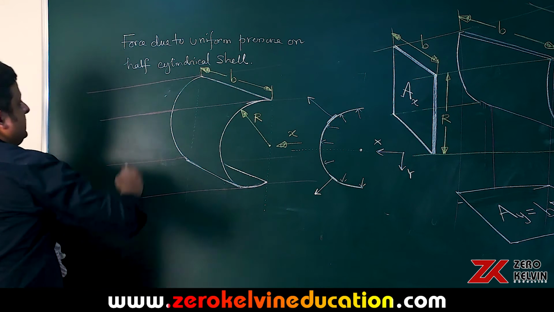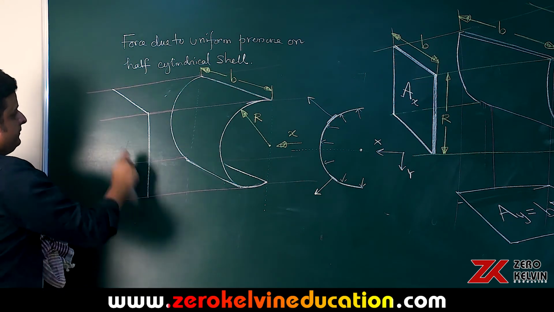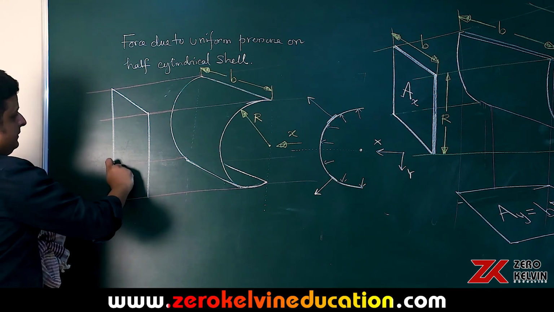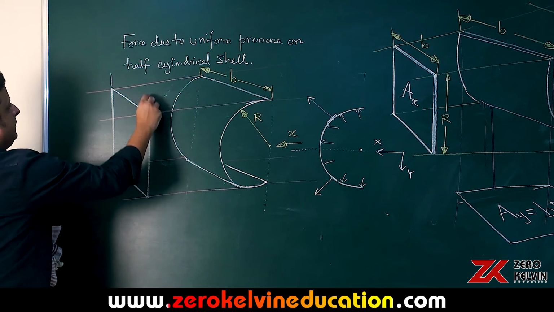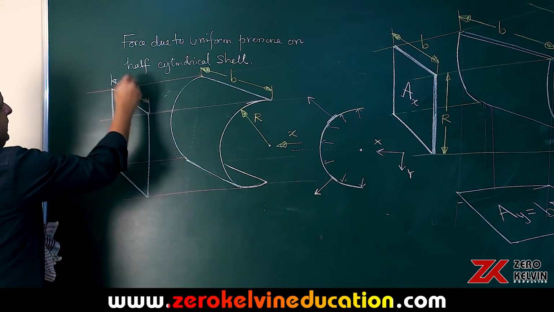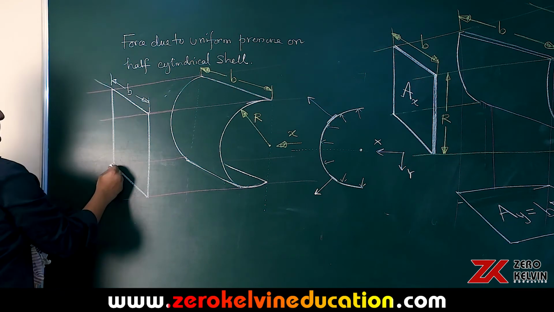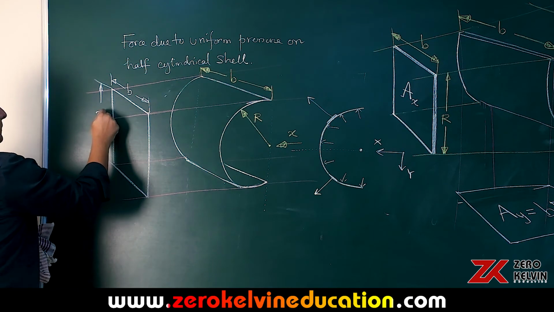So this is the shadow which is cast, which is a rectangle with this side as B and this side as 2R.